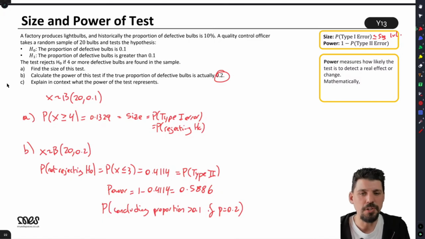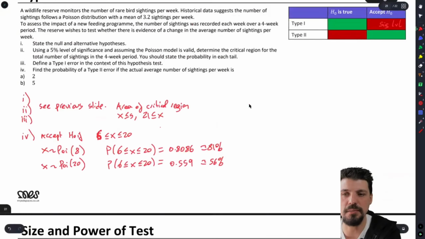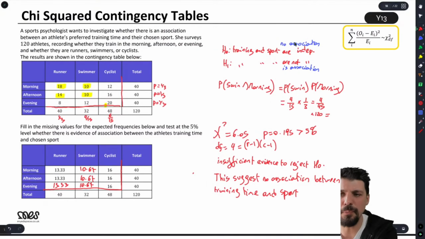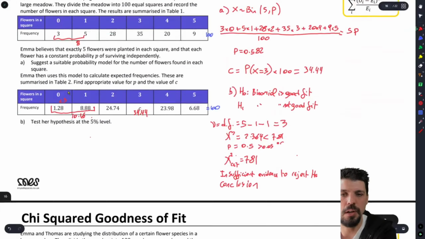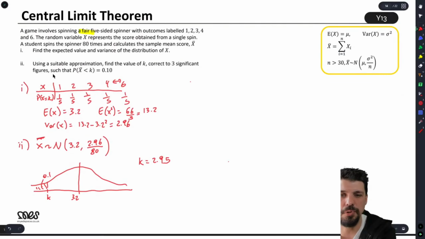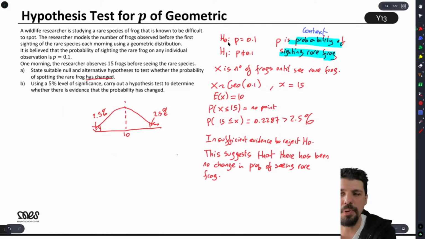All our calculations, when we do our hypothesis test, we assume that H naught is true. When we calculate our probabilities in any of these hypothesis tests, they have been done assuming that H naught is true, i.e. this does have the correct distribution. We assumed that P is 0.1.